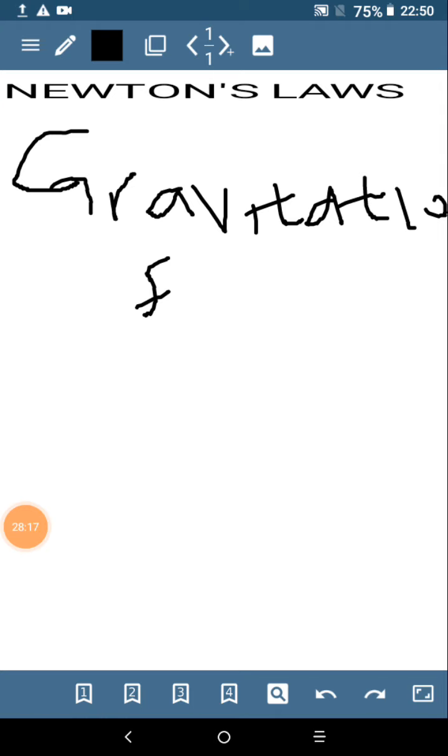What is gravitational force? It is usually denoted as capital letter F, G, or simply as W. That is the weight, guys. Now, what is the gravitational force? It is the force exerted by the Earth on the objects on or near its surface.